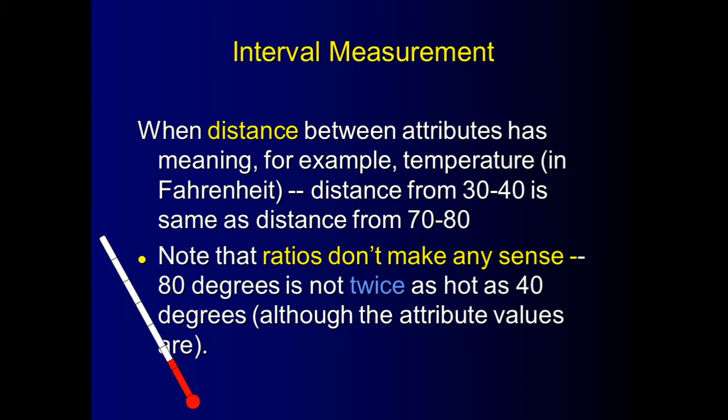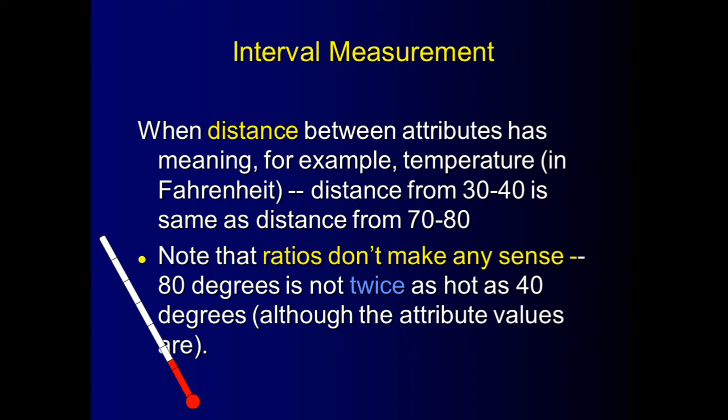What is the distance between 1 and 10 years? Anybody? 10 into 12. That's the distance. Similarly, what is the distance between 10 and 20? Same as the distance between 1 and 10. So in interval measurement, you can have equal distances and therefore fixed interval.